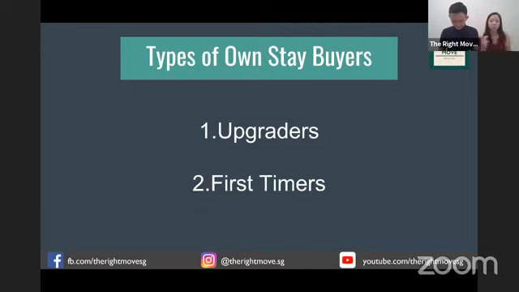From the own stay buyers, you split them into two groups. Firstly, the upgraders, whereby you have a family, you got your first home, and you're looking for a bigger place or a better lifestyle.